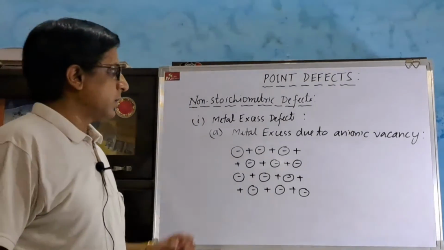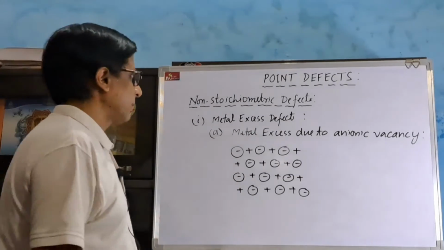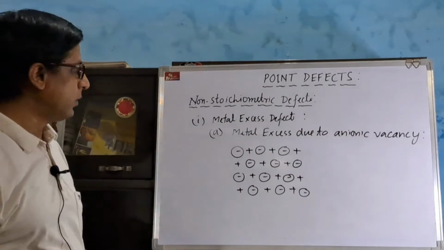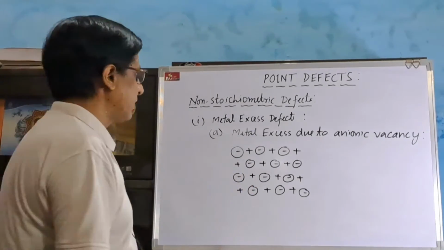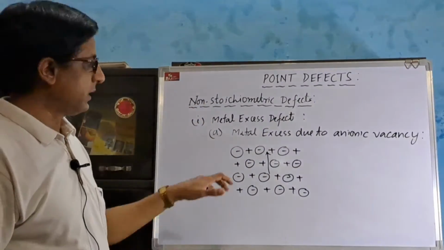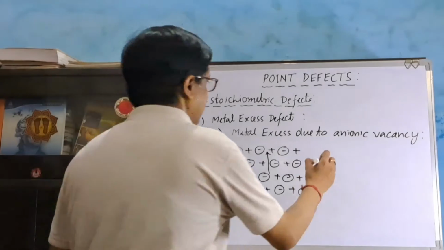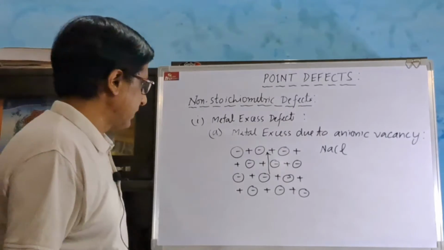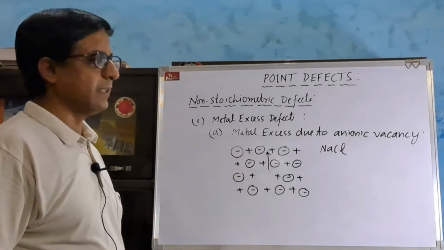When the sodium chloride crystal is heated in the presence of sodium vapor, the sodium atoms get deposited at the surface of the crystal. The chloride ions present inside the crystal diffuse to the surface and combine with sodium to produce sodium chloride, and there is one vacancy inside the crystal.